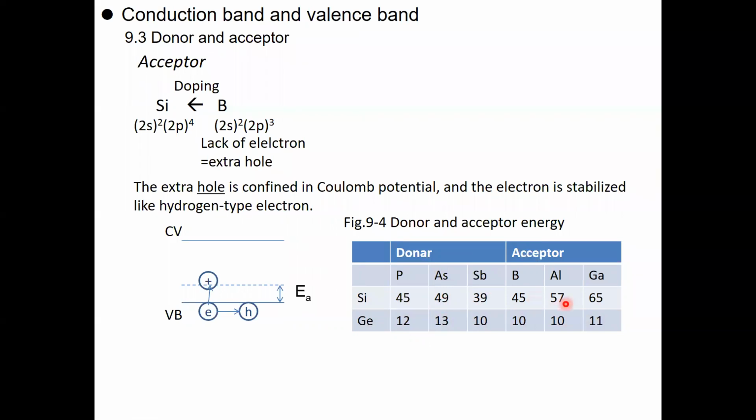But in the case of silicon, it's a bit larger, 20 to 50 milli-electron volt are the typical ones. So there are many variations for controlling the charge carrier density for silicon.